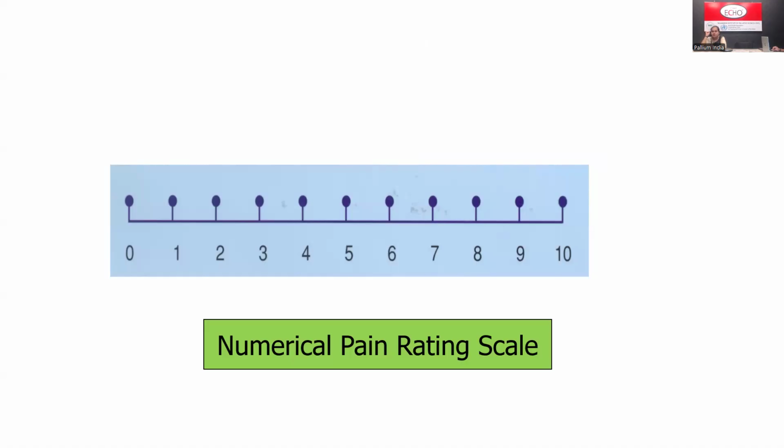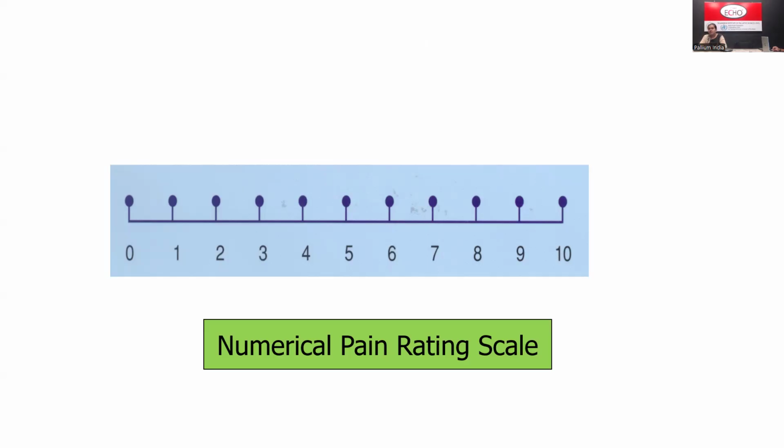Okay. So numerical pain rating scale, it's a normal scale from 0 to 10. And we should explain to the patient that 0 means no pain, and 1, 2, 3, as the numbers go up, the pain also increases, and 10 is the worst imaginable pain for that patient.